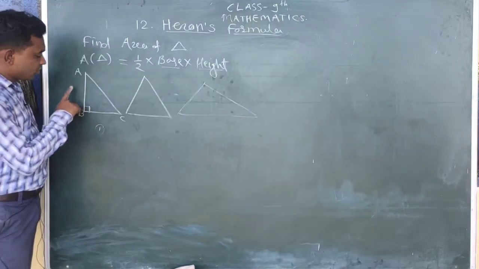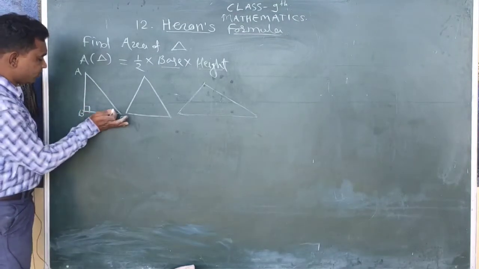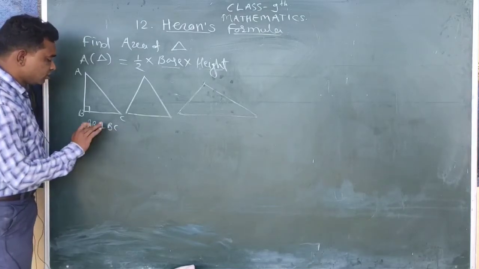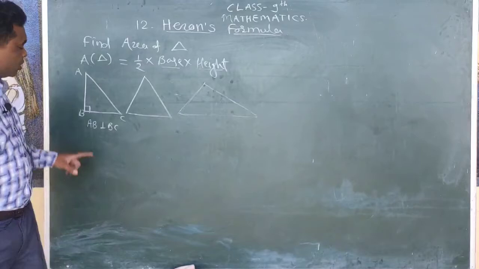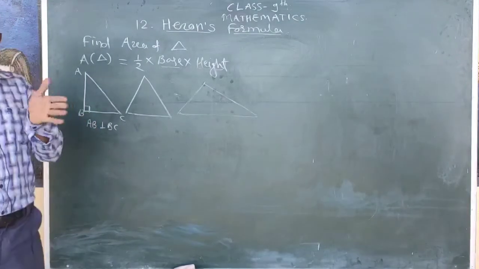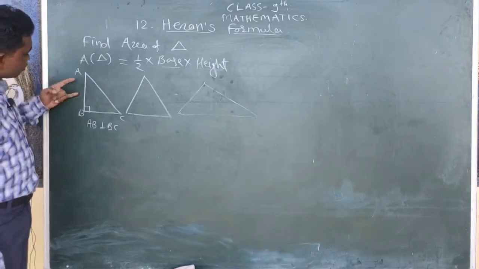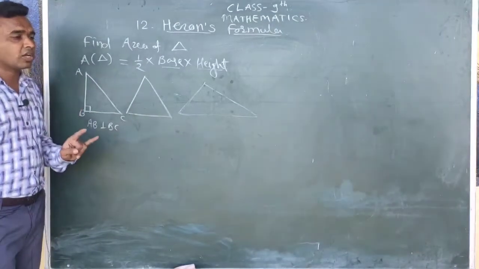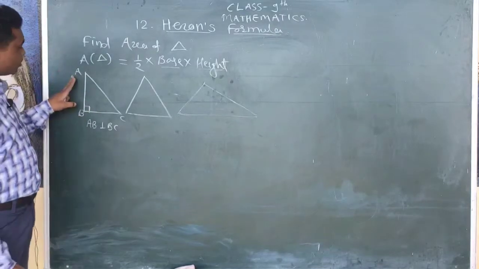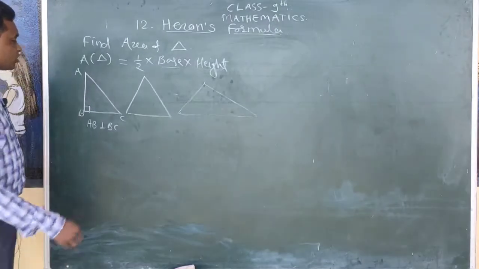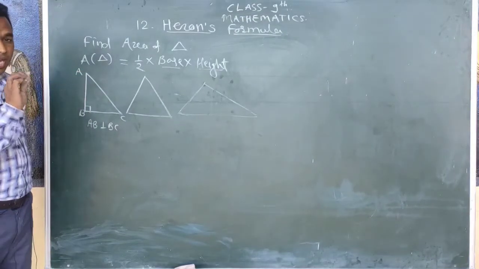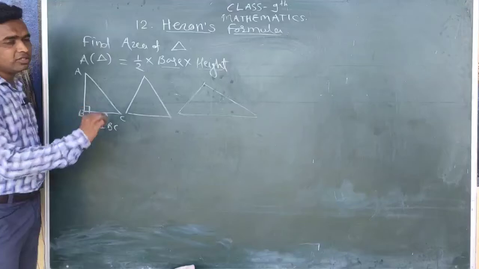In this triangle, AB is perpendicular to BC. In any triangle, if two sides are perpendicular to each other, then one of the angles is equal to 90 degrees. To find the area of triangle ABC, we consider one perpendicular side as the height and the other perpendicular side as the base.